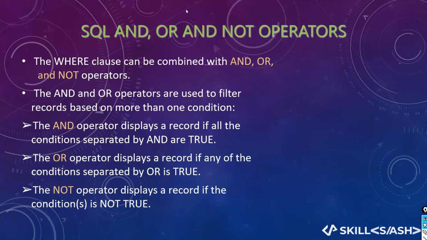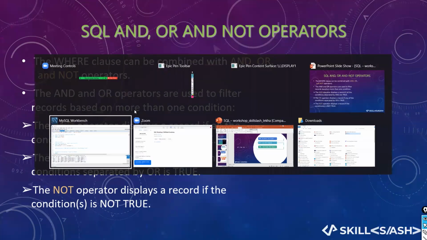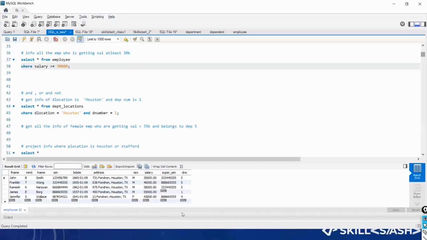So I'll go to the chat window. Okay, yeah guys, we'll quickly go and understand that one. Okay, so and, or, and not operator. Let us study that. So here look at the question. Get the information of department location, which is in Houston, and department number is 1. See this data, first of all it belongs to the department location table.